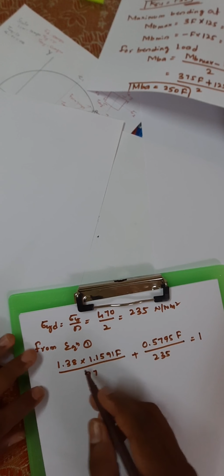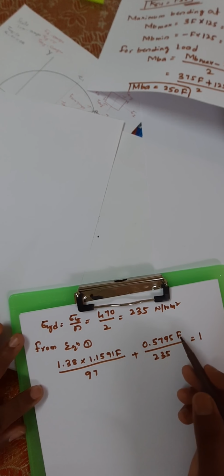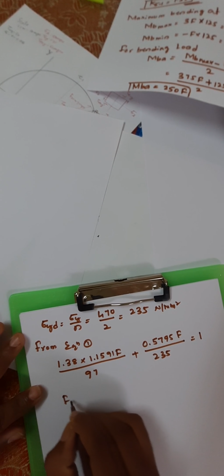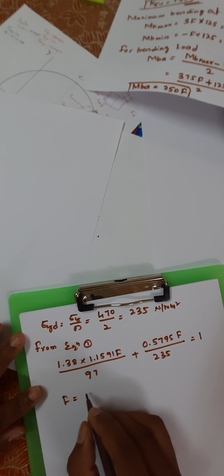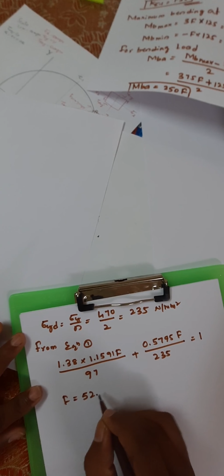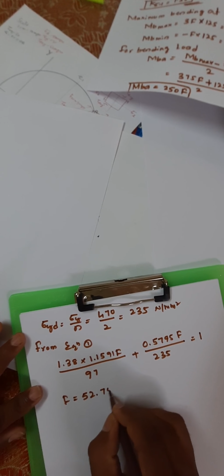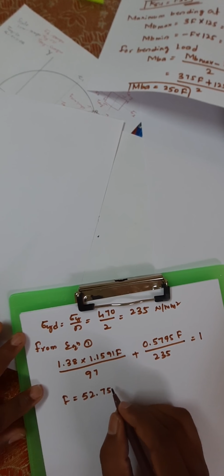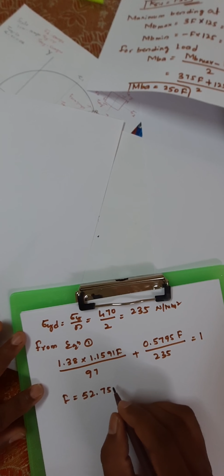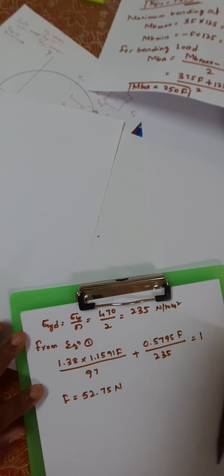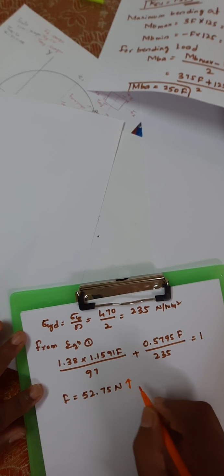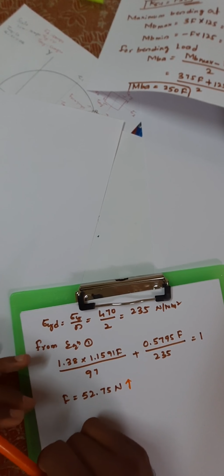If you simplify this with respect to F, we will get F equal to 52.75 newtons, which is upwards, counterclockwise.